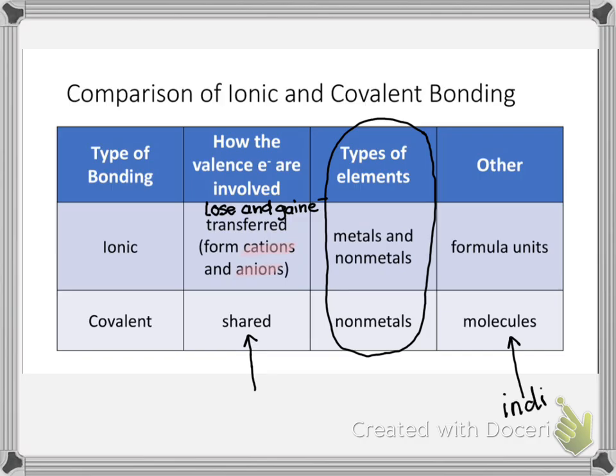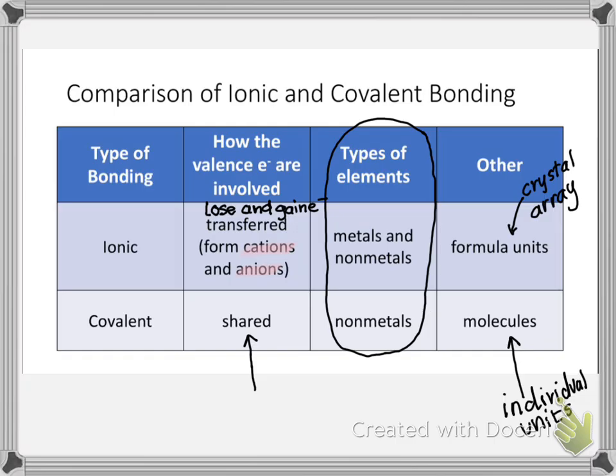I have a slide on the next one that gives you an illustration. Molecules are individual units, and ionic compounds have a unit in their formula, but these are actually in a crystal structure. So they don't have individual units. Now, this might be kind of hard for you to imagine, so let's look at the next slide.